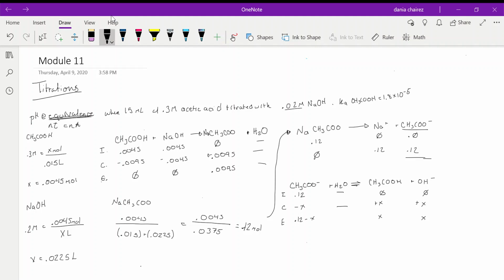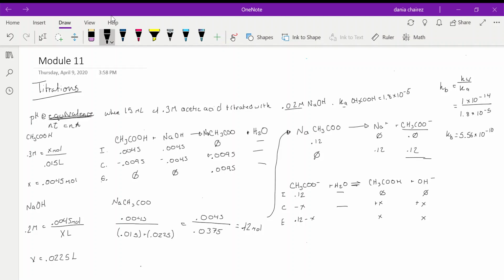Now because we're dealing with OH, we have to change our Ka into Kb. If you recall, Kb is equal to Kw over Ka, which is equal to 1 times 10 to the negative 14 over our Ka, in this case 1.8 times 10 to the negative 5, which should give us 5.56 times 10 to the negative 10 for our Kb.